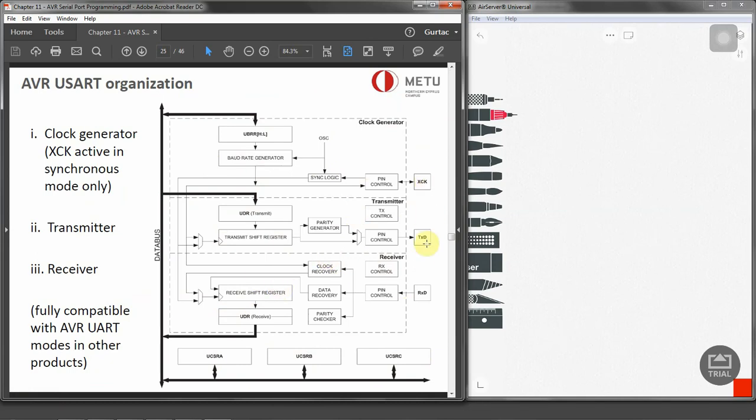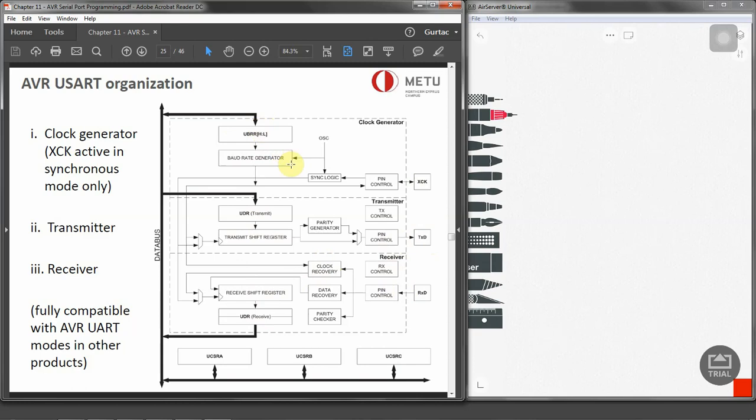Okay, and they have got their own TXD, RXD, and the clock bits coming in, the pin controls, the receive control, the shift register for the transmit and receive, UDR on both sides, and the baud rate generator has got its own UBRR register.